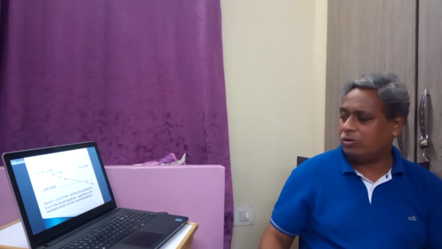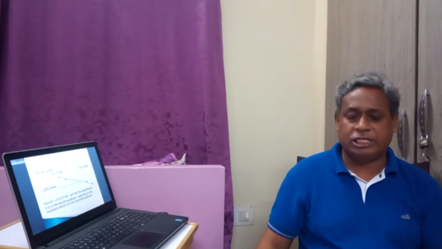Because the resultant is in the second quadrant, the equilibriant is opposite to it, therefore it lies in the fourth quadrant. If this is the x-axis and this is the y-axis, then the equilibrant E will be opposite to R and equal to R. So this green line represents the resultant R and this red line represents the equilibrant, and these magnitudes should be equal.